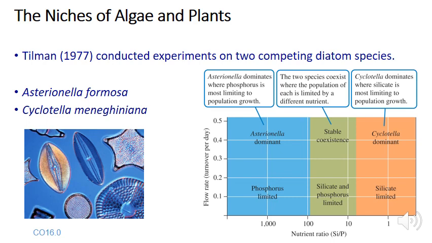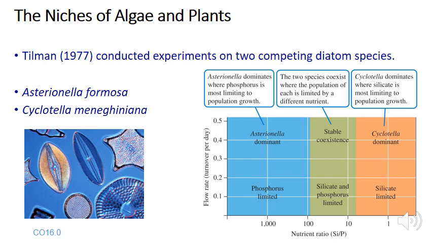What Tilman found was that Asterionella was much better than Cyclotella at absorbing phosphorus. So when phosphorus was low in the environment, or phosphorus was limiting, Asterionella would absorb all of that phosphorus too quickly for Cyclotella, and it would exclude Cyclotella completely from the environment. But as the ratio of phosphorus in the environment increased, Asterionella would become slowly limited by silica, and that would stunt their growth to the point that Cyclotella could be incorporated in the population and could be successful in that environment.